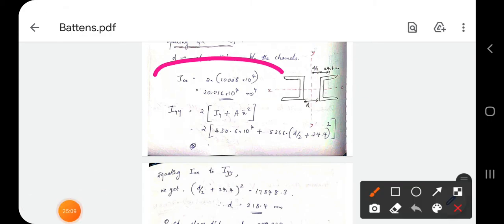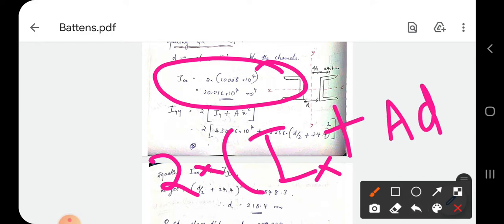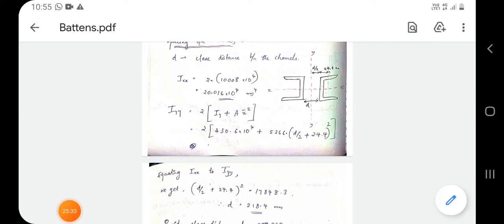In x direction we have to find 2 times of Ixx plus area into d square, but d is the distance from centroid of the whole section to the neutral axis of the one section.